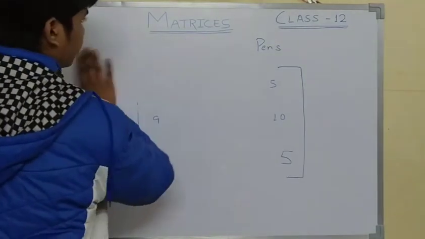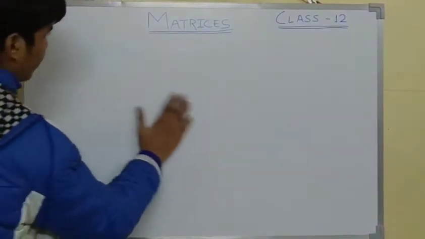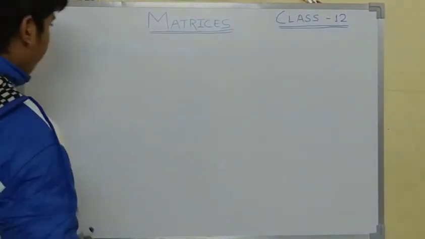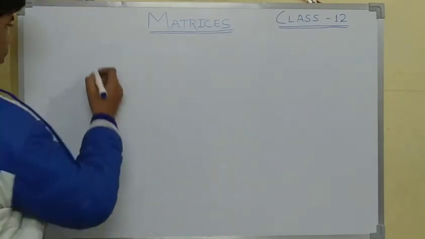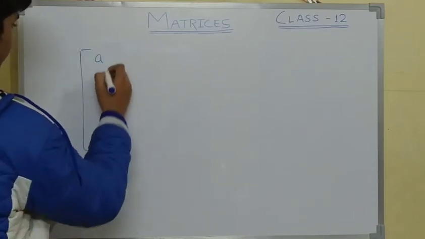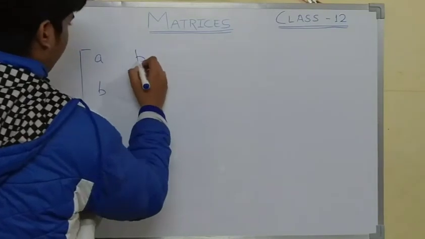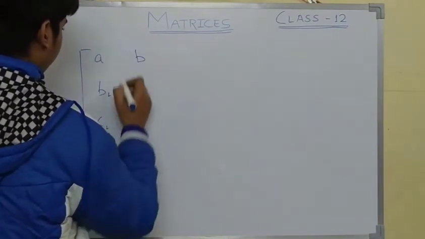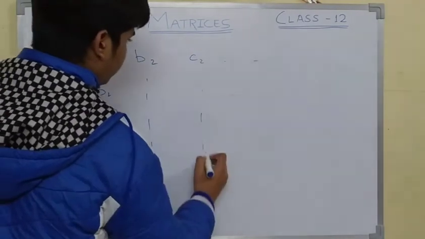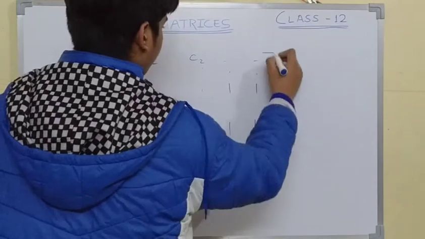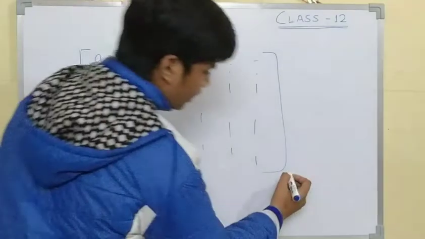Now we will see what the order of a matrix is, how matrices are written, and more. First of all, we will see the order of a matrix. Let's suppose we have a matrix with elements A, B, C, and so on, and below them A1, B1, C1, and A2, B2, C2, and so on.